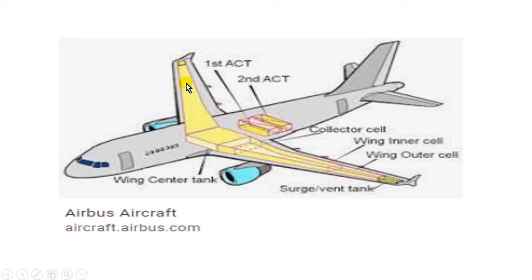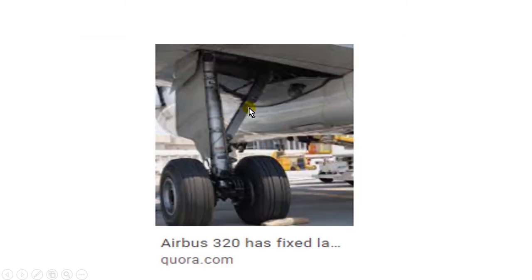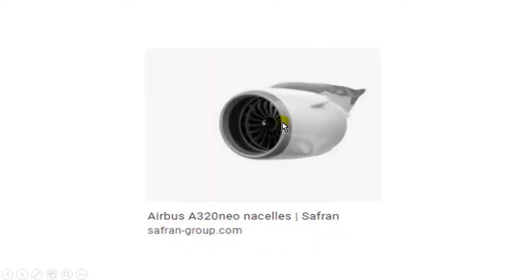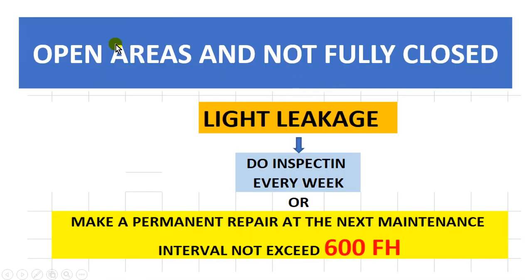This is the forward wall of the tank, and this is the rear wall here. This is the engine pylon, the area over the engine. Here the main landing gear wheel well, left and right. Okay? This is the pylon here. The open areas and not fully closed areas are treated the same.